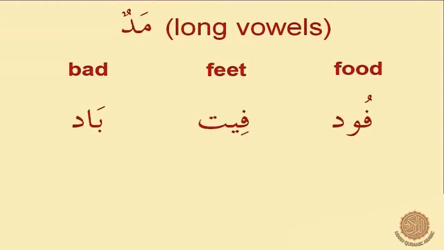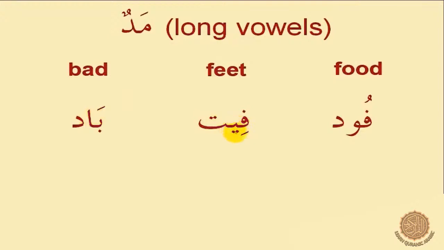Now if I transliterate this into Arabic, I get the following. So we have bad, feet, and food. In the first example, bad, it's the A sound that's being elongated. That's denoted by this fatha here, which has the A sound, followed by the alif. That's where we get the elongation, the long vowel. Similarly, here we have a kasra, and then following it is the ya.